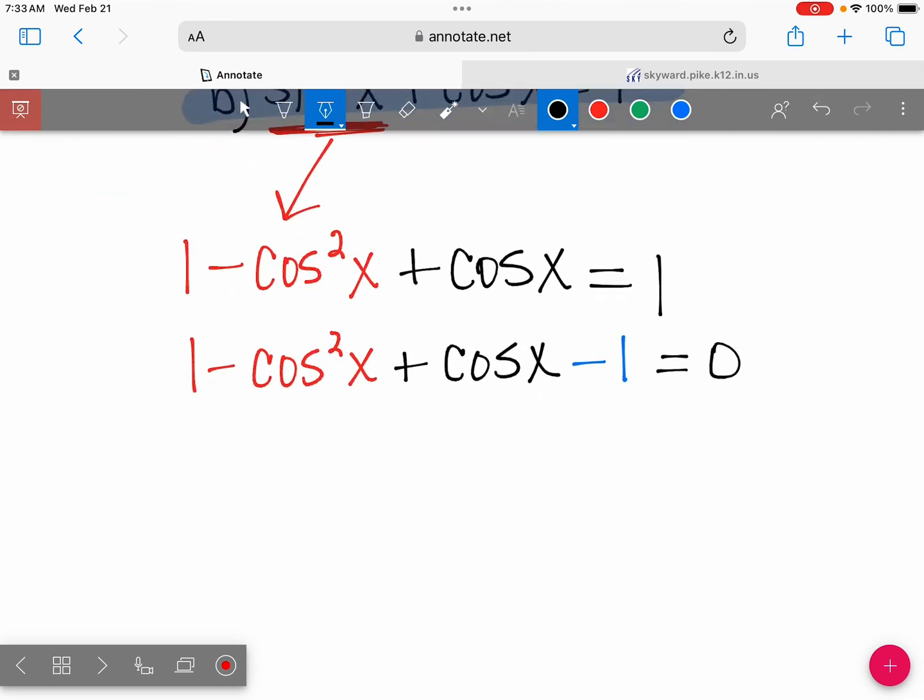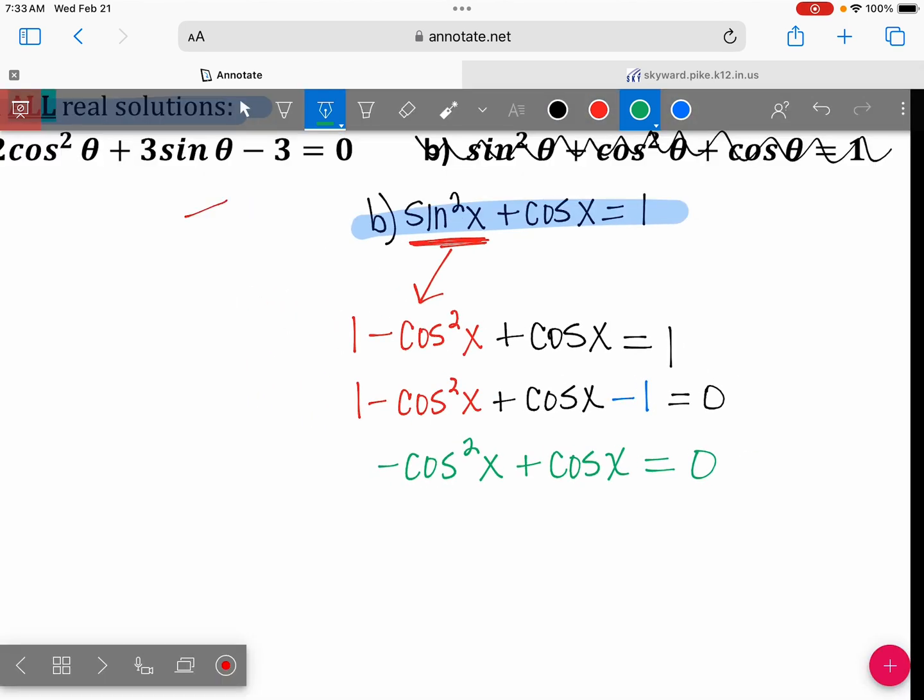And 1 and a negative 1 is going to change to what? All right, so this actually is a lot easier. What do you think we're going to do next?